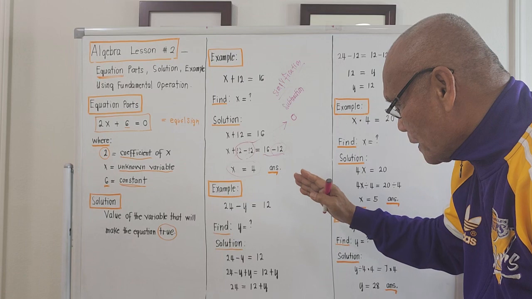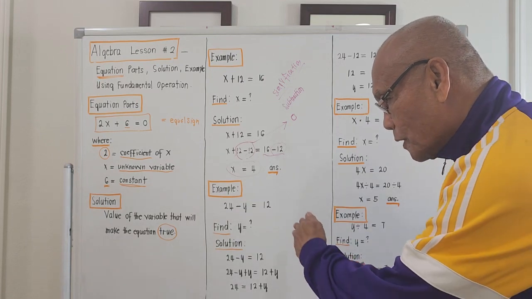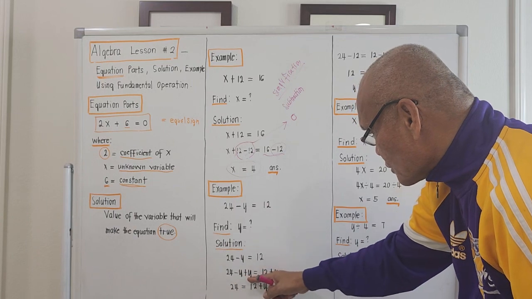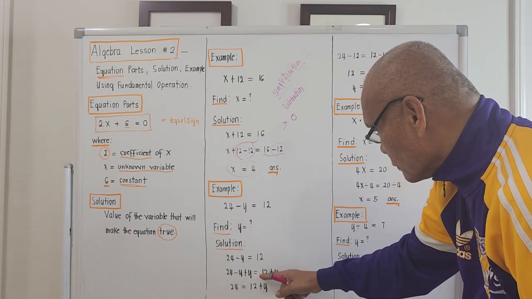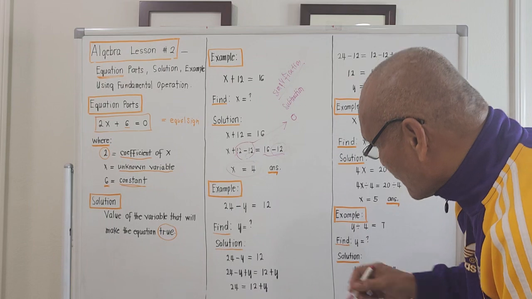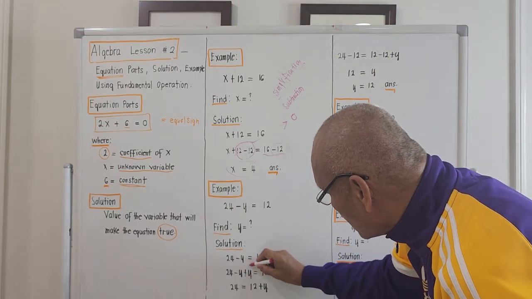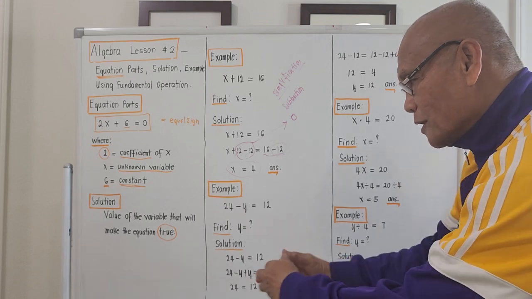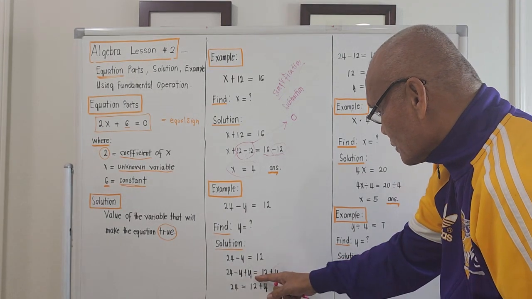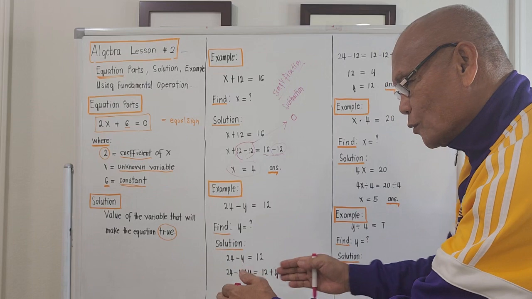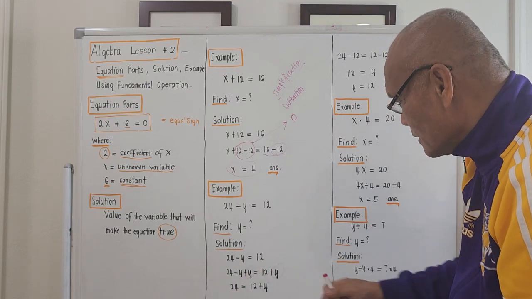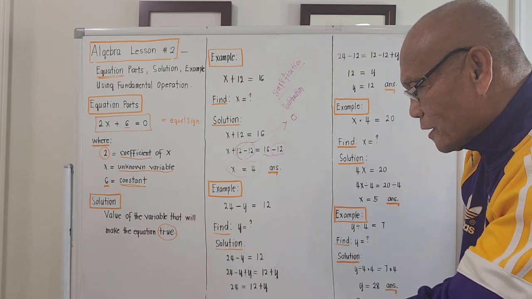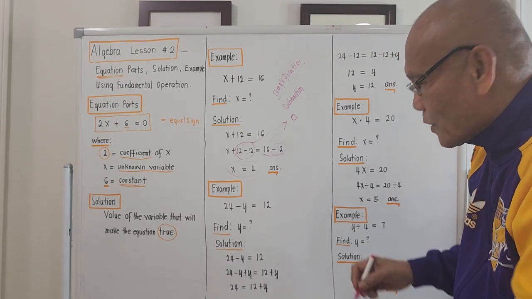Then I will add plus y to both the left and right. 24 minus y plus y should be equal to 12 plus y. I make a plus y over here and a plus y over here, so I am not violating anything. The equality will still be the same because what I did on the left is also what I did on the right. What I did is perform the operation addition.